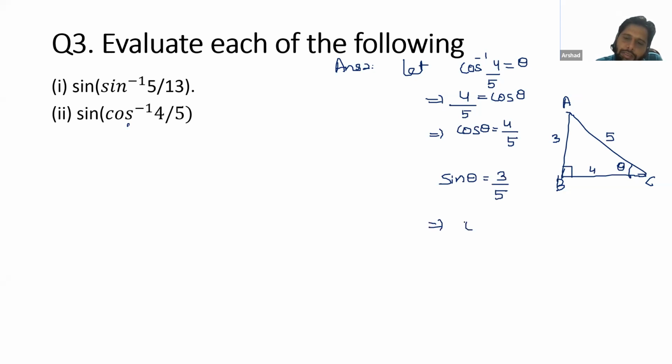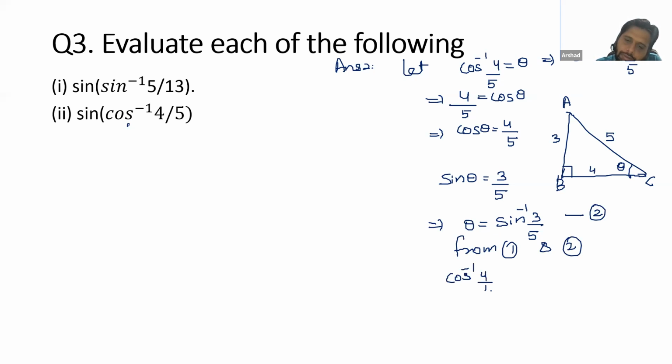So from this, we can say theta is equal to sine inverse 3 by 5. And we can also say this theta is equal to cos inverse 4 by 5. Let this be 1 and this be 2. From 1 and 2, we can say that cos inverse 4 by 5 is equal to sine inverse 3 by 5.